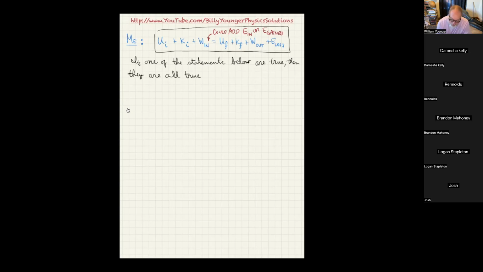So that's what we're going for here. And the first statement you might write as: F is a conservative force. So F is a conservative force.